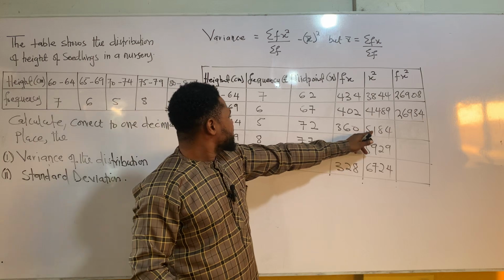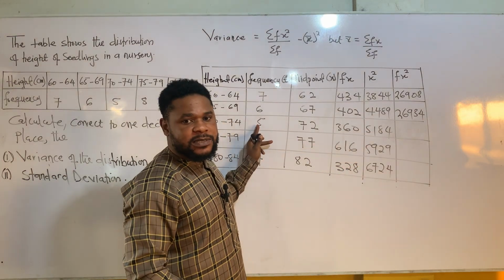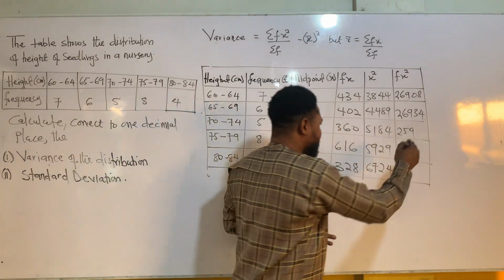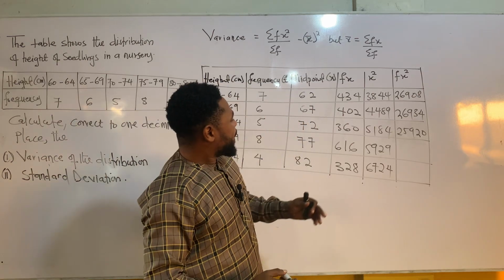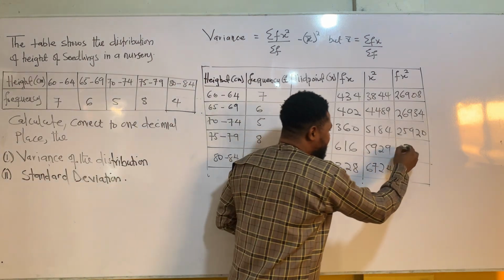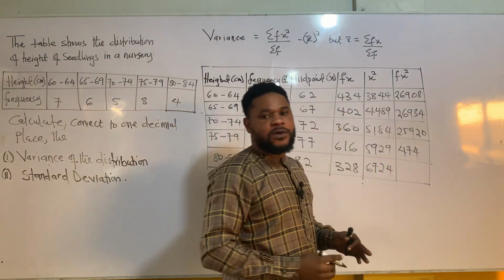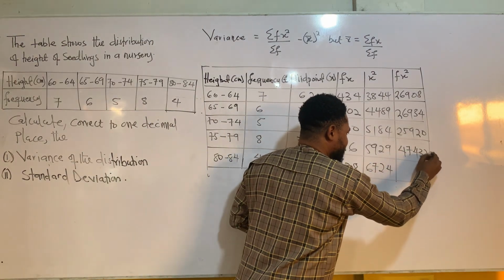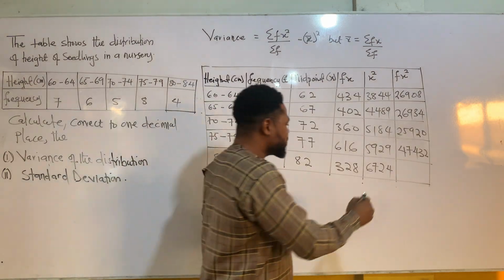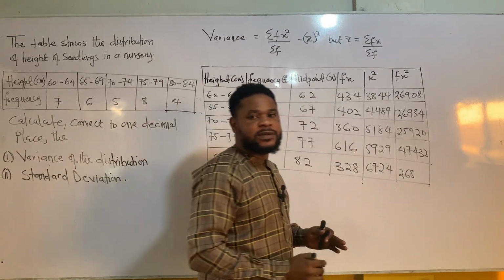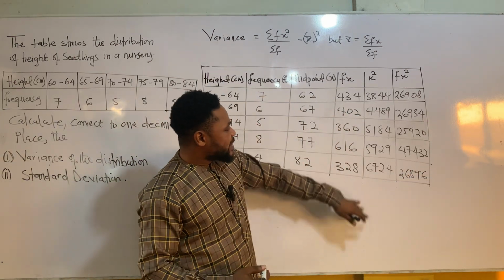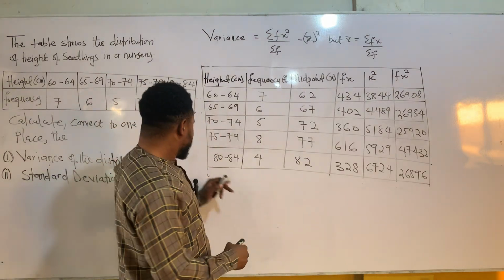This multiplied by this, 25920. Wow. This multiplied by this, 47432. And the last but not the least, this multiplied by this, 26896. Nice. So this is how our table is going to look like.